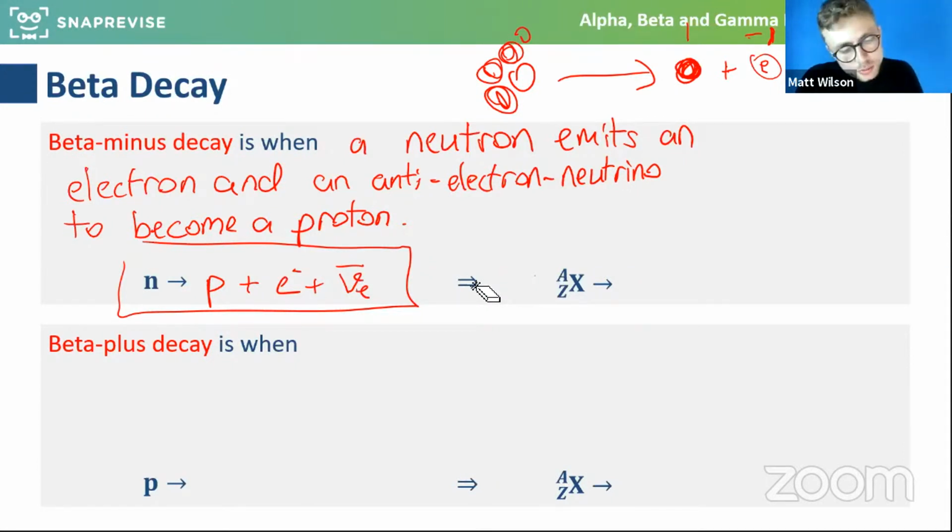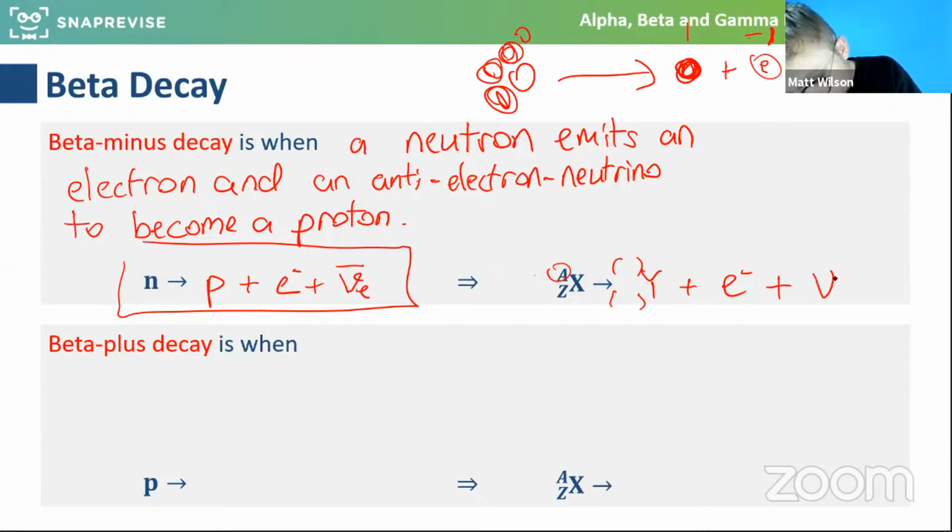Can anyone tell me what they think happens to the number A, the mass number? So we're going to get a new element here. It's going to have a new number here, a new number here. We're also going to produce one of these electrons and this anti-electron neutrino. But can anyone tell me what this number A is going to be here?